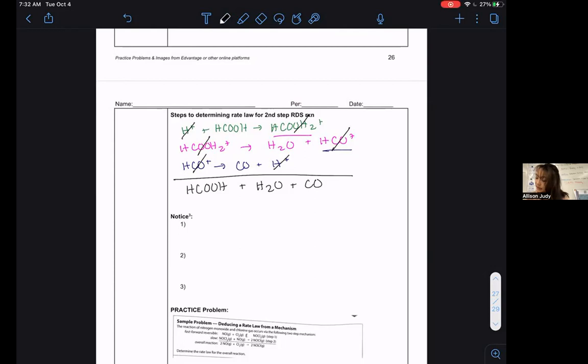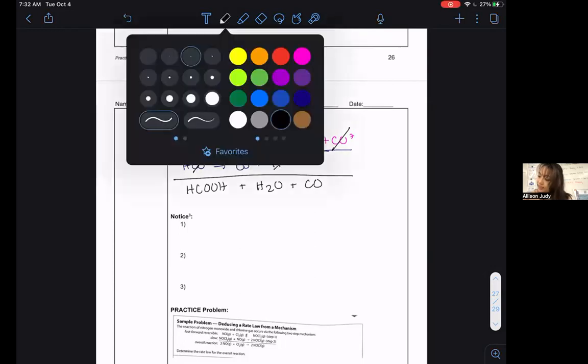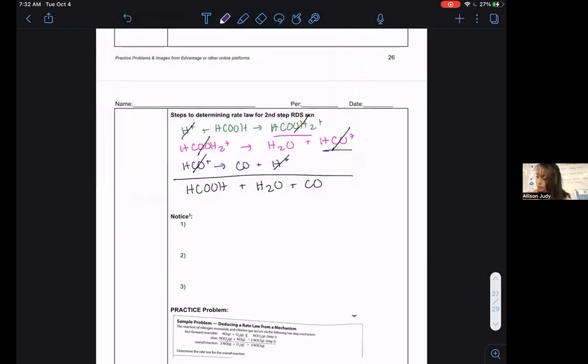And actually, I just made the common mistake. Our intermediate does not include H plus. Actually, H plus is what we call our catalyst because it is consumed and then regenerated at the end.